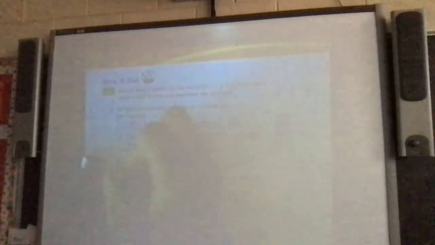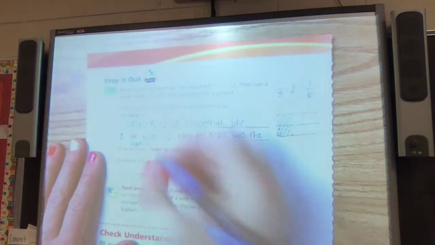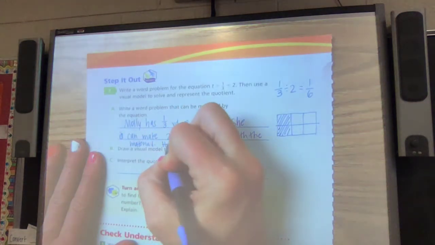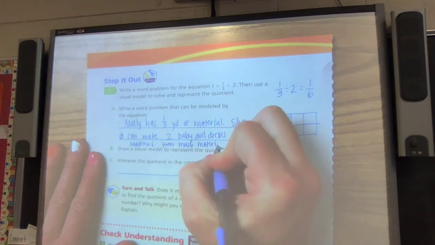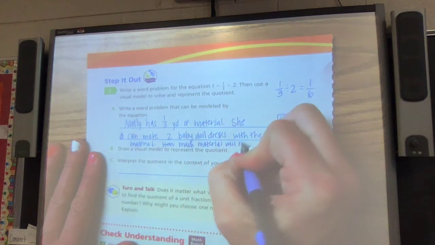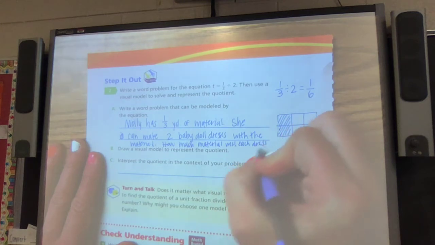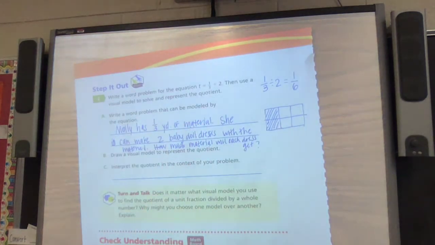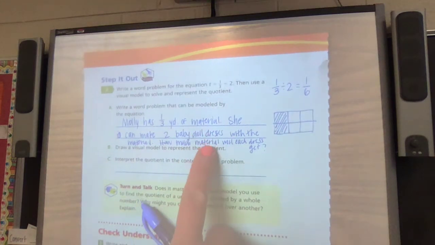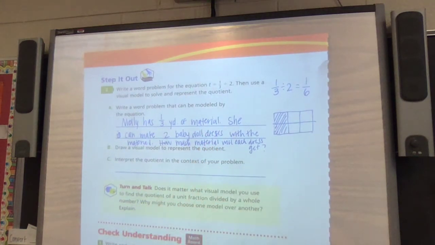Uh-oh, my lights went out. How much material will each dress get? So she's got the 1/3 of a yard and she wants to make 2 dresses. So how much will each dress be able to have?